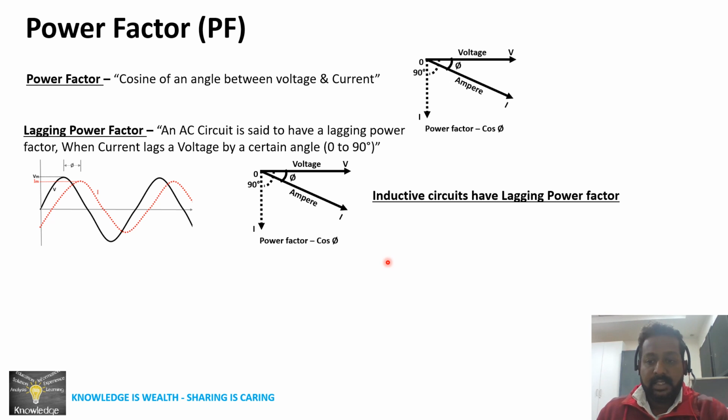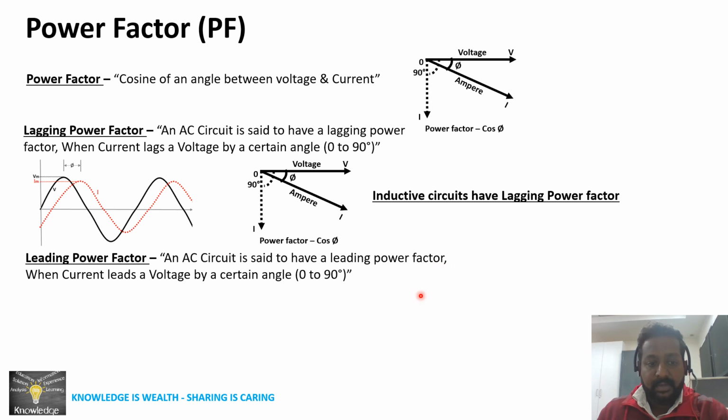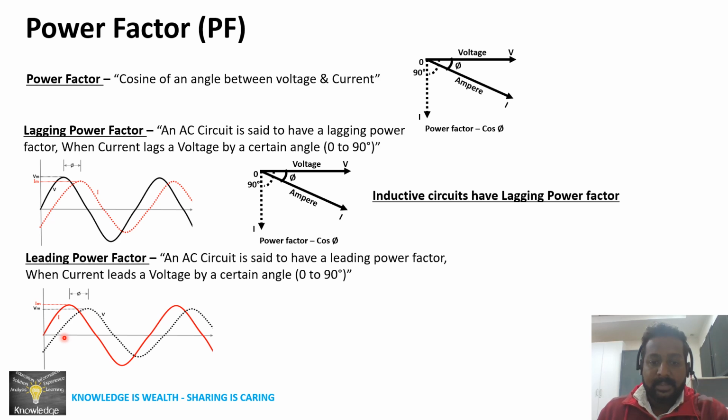Next is leading power factor. An AC circuit is said to have a leading power factor when current leads the voltage by a certain angle, that is from 0 to 90 degrees. Let's quickly check the phasor diagram. Here you can see the current is before the voltage, so that is why it is leading the voltage, by a certain angle, that is phi.